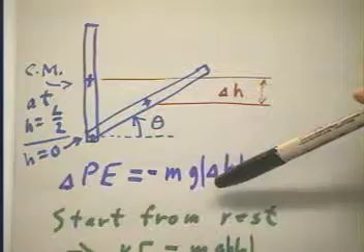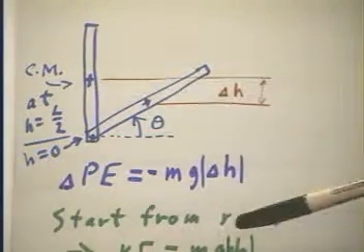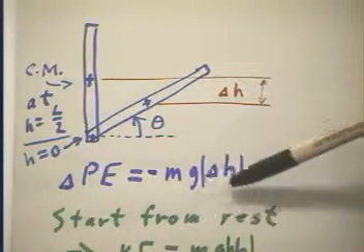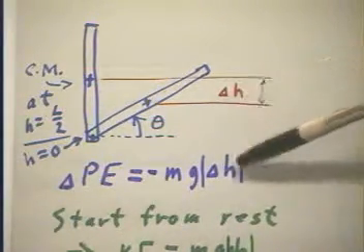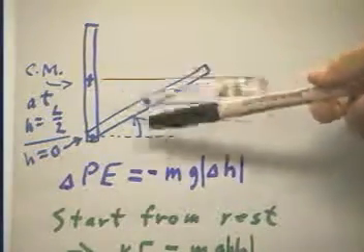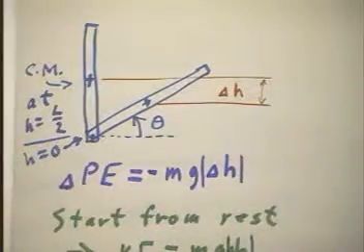So the change of potential energy is negative because, of course, we're descending, and we take the mass times gravity times the change in the altitude of the beam. The average change of altitude of the beam is the change of the altitude of the center of mass.